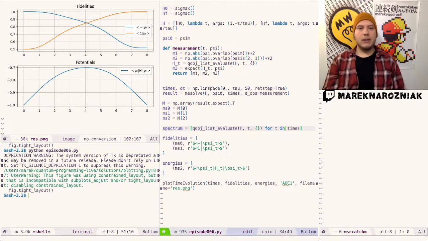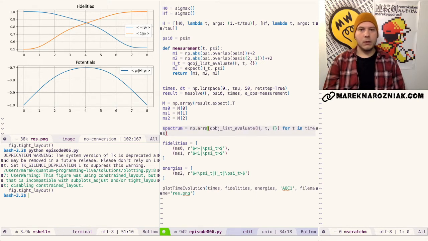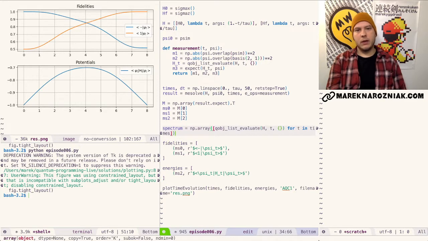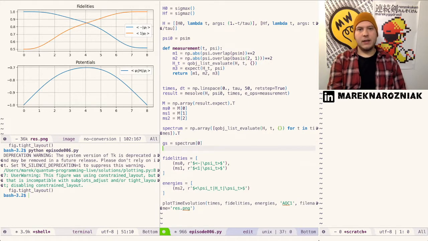So let's do the same trick as we did with the actual measurements and turn it into a NumPy array, and transpose it. Now we can get the ground state at every moment of time by getting the spectrum of 0, the first sub-array, and the excited state, the first sub-array of the spectrum.